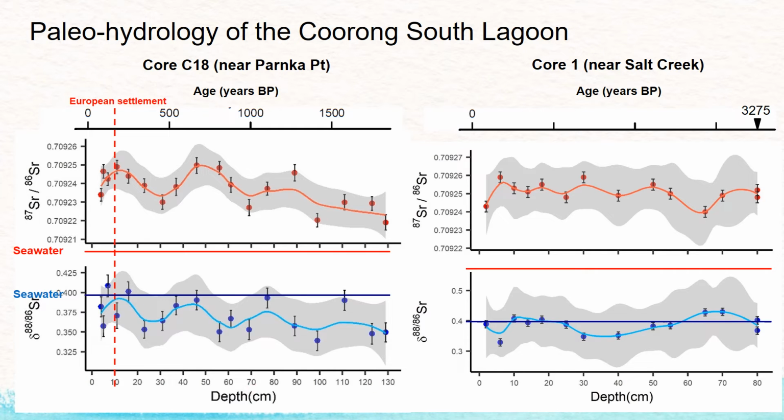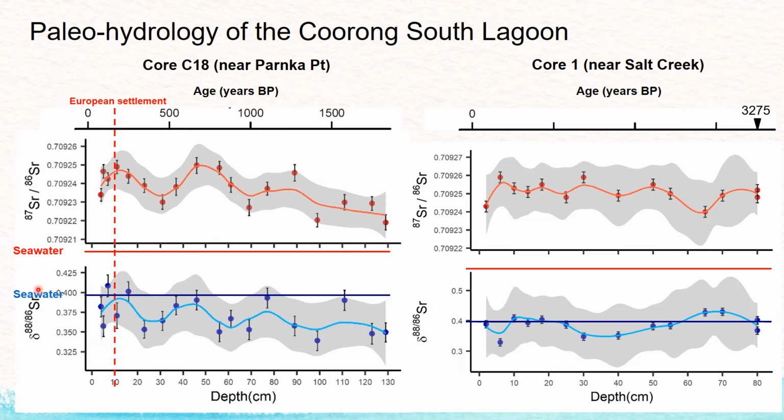Here are the radiogenic and stable strontium isotopes of paleo waters calculated from fossil shells throughout these 2 cores. As you can see, based on radiogenic strontium isotopes, the South Lagoon composition has never been dominated by the seawater. And the continental input has always been very important, especially in core 1 near the Salt Creek, and the more recent 1,000 years in core C18.